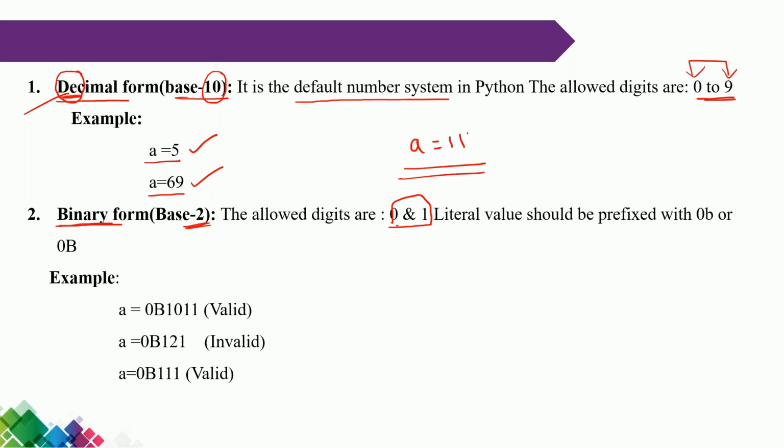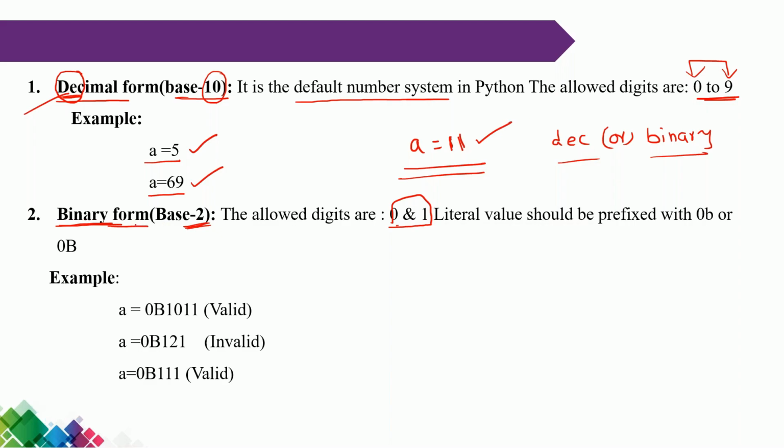Here, is A a decimal number or a binary number? It leads to confusion. Each and every digit is in the range of 0 to 9, and based on that, this is a decimal number.